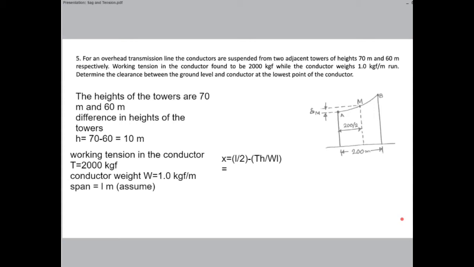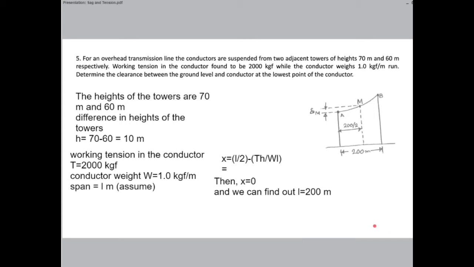So if that happens, then actually x is equal to 0, and we can find out L is going to be equal to 200 meters. Take it now for the calculation.